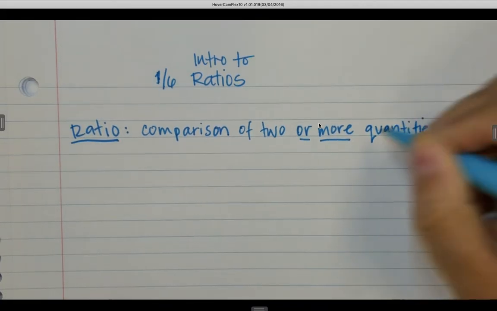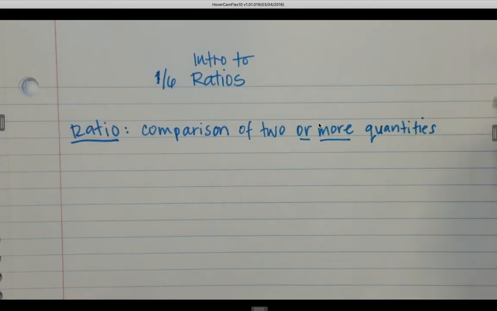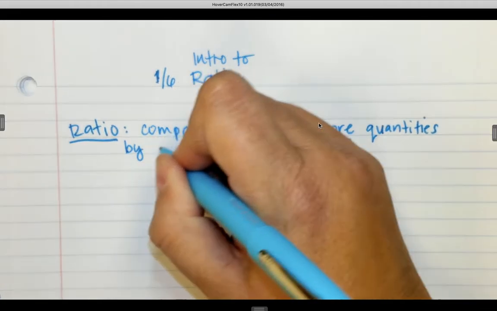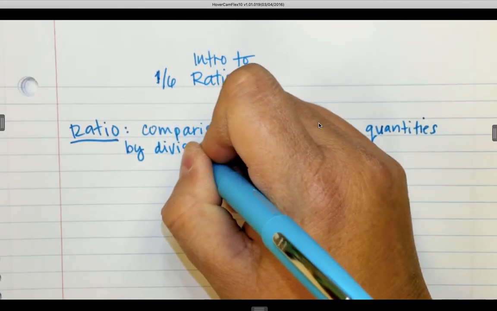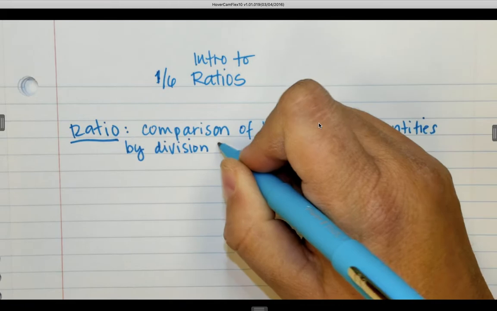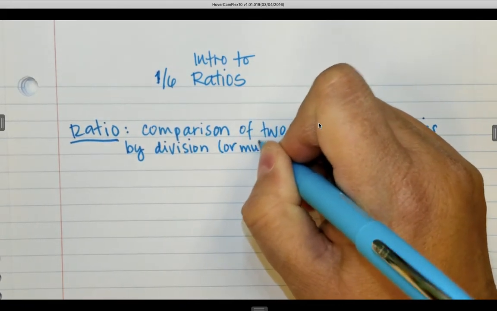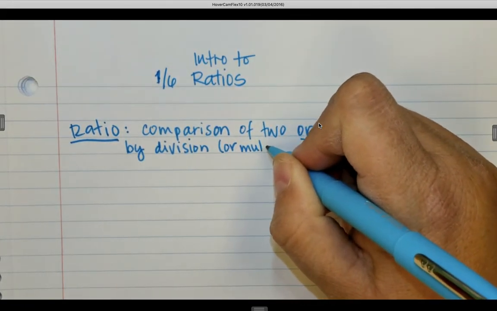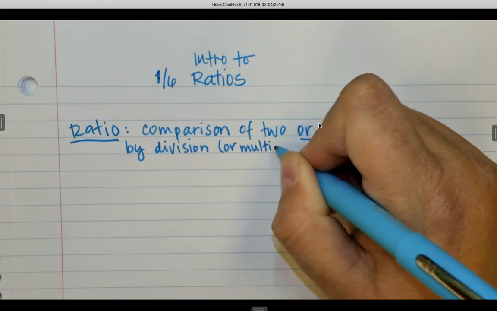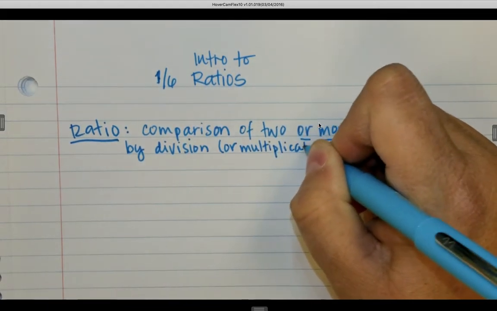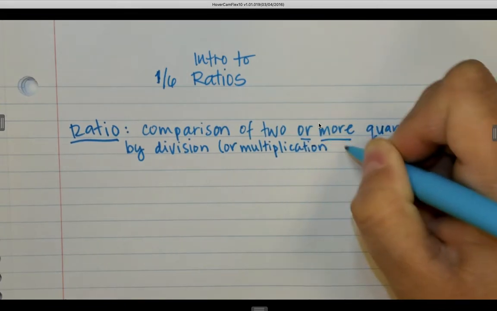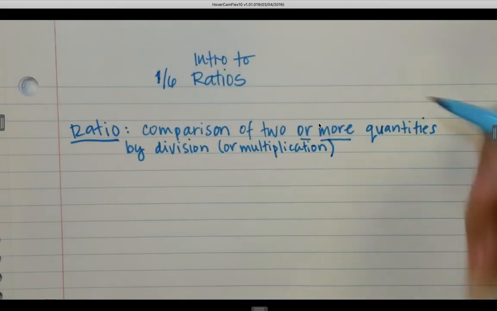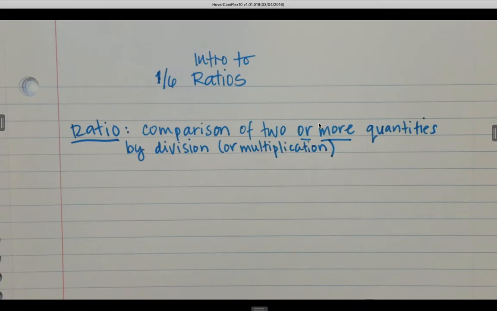And remember, quantities is just numbers, by division or multiplication, because multiplication is the opposite, and this again will become more apparent the deeper we go into our chapter. So a ratio is a comparison of two or more quantities by division or multiplication.